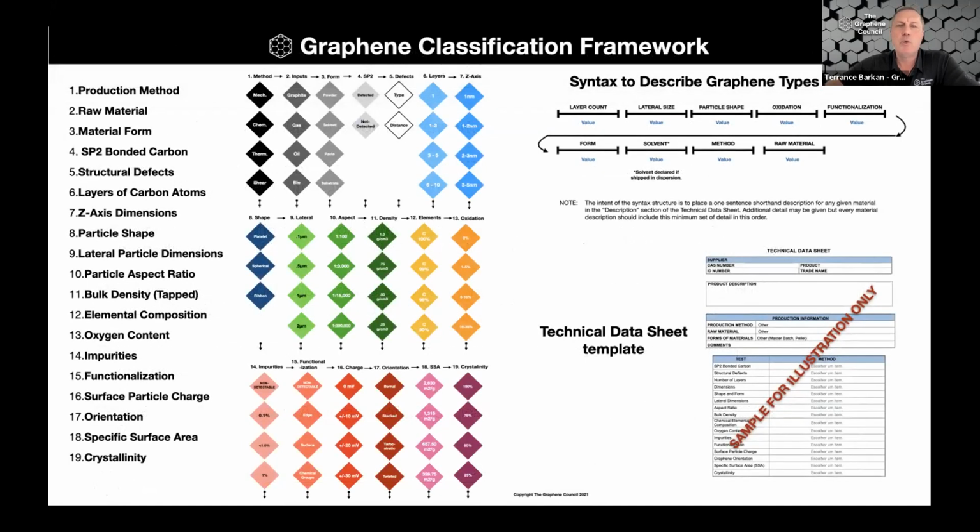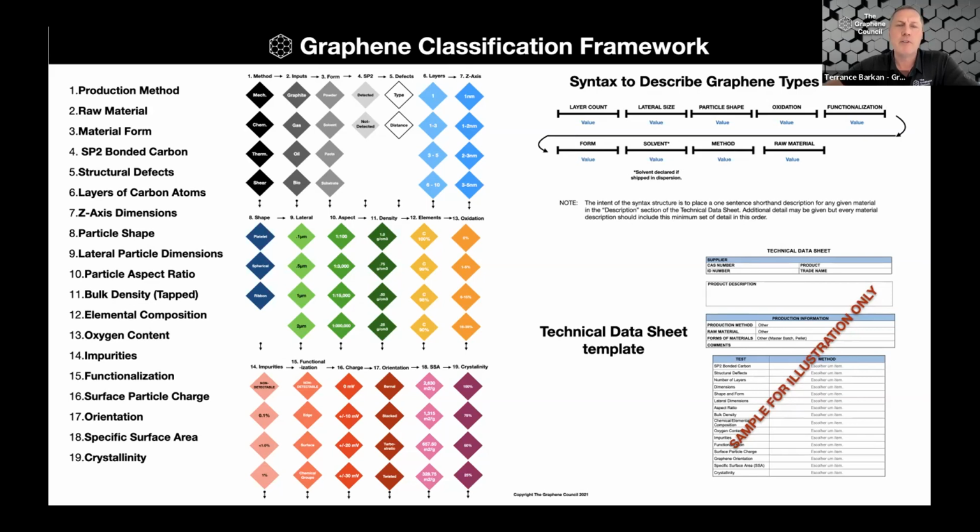On this slide, you see a visual representation and summation of what the graphene classification actually includes. And we thought this was another aid to understanding it. So on the left, you see this list of 19 values that are applicable to classify or to determine what form of graphene we have.